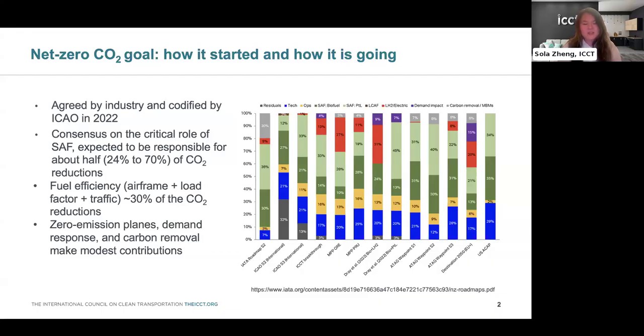And there are also smaller technology levers like zero emission planes and carbon removal technologies, as well as economic instruments like carbon pricing that will result in demand response. Those will all contribute to a net zero CO2 goal as well.